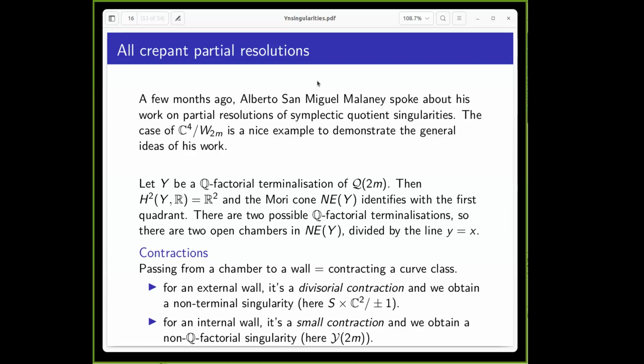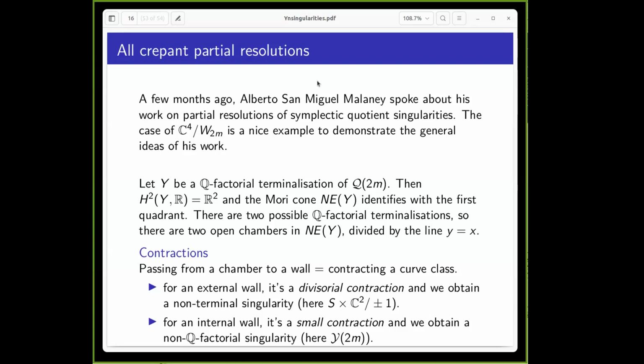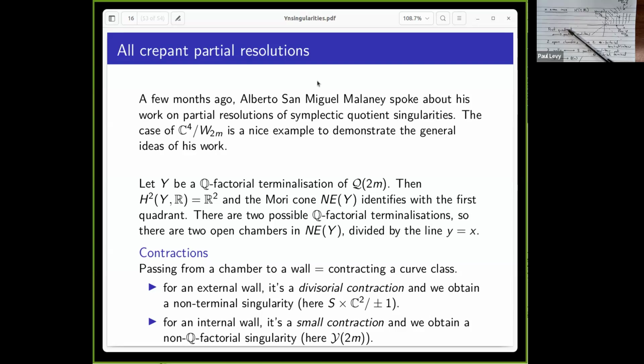So anyway, I think that the fact that you can get all of the partial resolutions from Mori cones, I don't think you need Alberto's work for that. No. But I think anyway, the Weyl groups of these things was among other things that he computed. Okay.